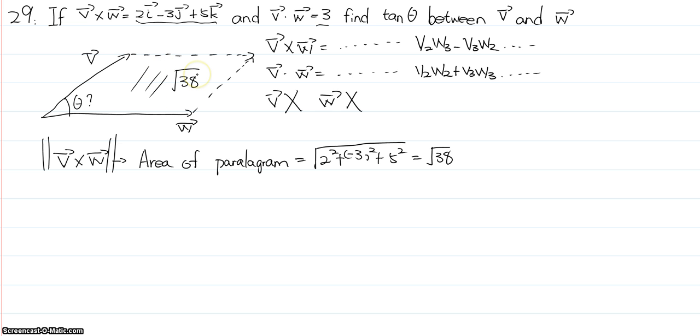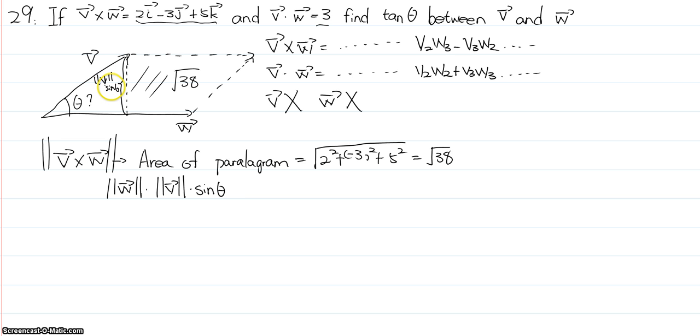And how do you find the area of a parallelogram? We know that it's the magnitude of w times the magnitude of v times sine theta, which gave us this line over here. This is v times sine theta.